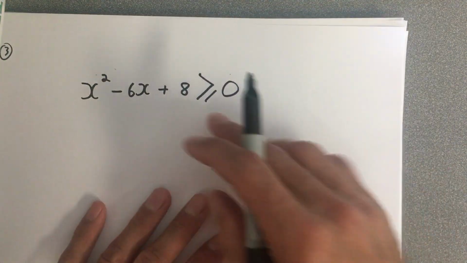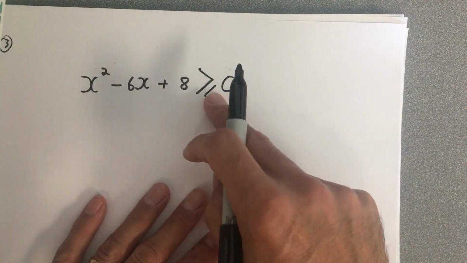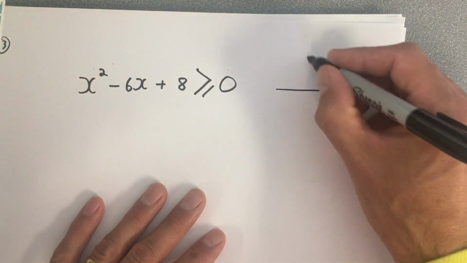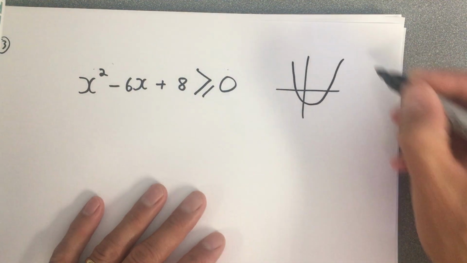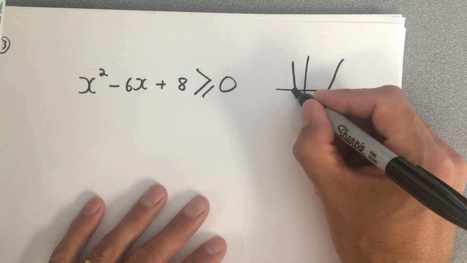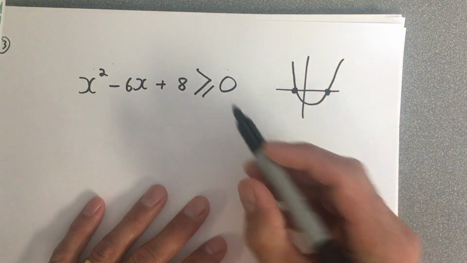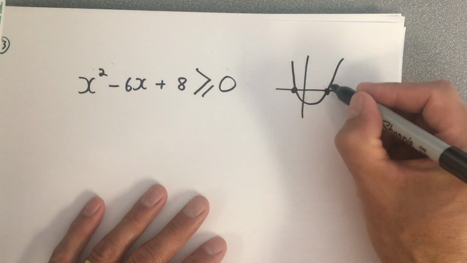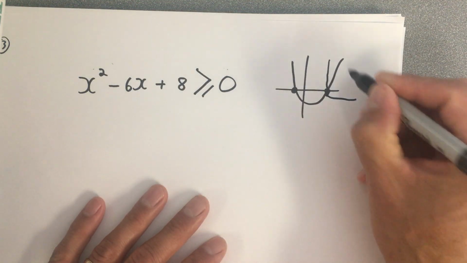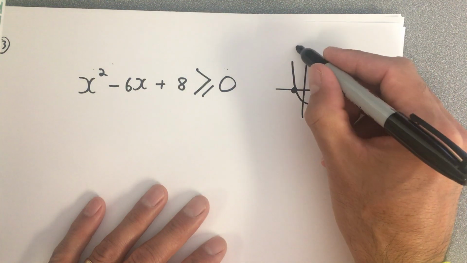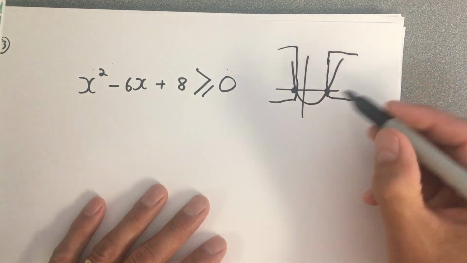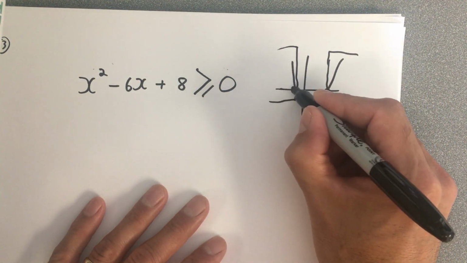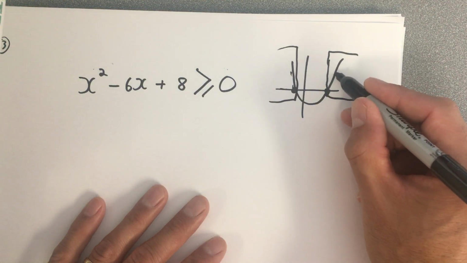So basically, if you're solving an inequality involving a quadratic, your quadratic might look something like this. It would have these roots. And if I want to know when is my quadratic greater than or equal to 0, my solution would be for all of these values here and for all of these values here. Because notice here, it's greater than 0, and here it's greater than 0.